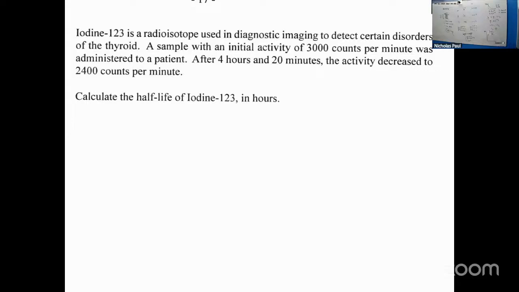Take your time, right? To get half-life, you need to get the K constant. Write down the info they give you and see how you can work it out.